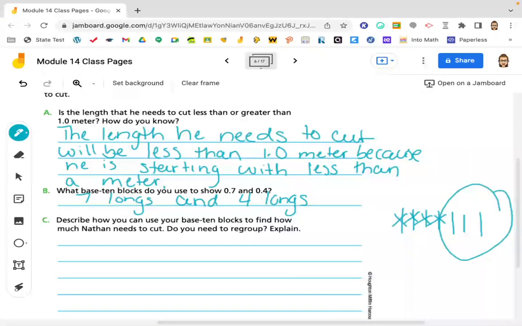I did not have to regroup. So I take 4 longs from 7 longs.